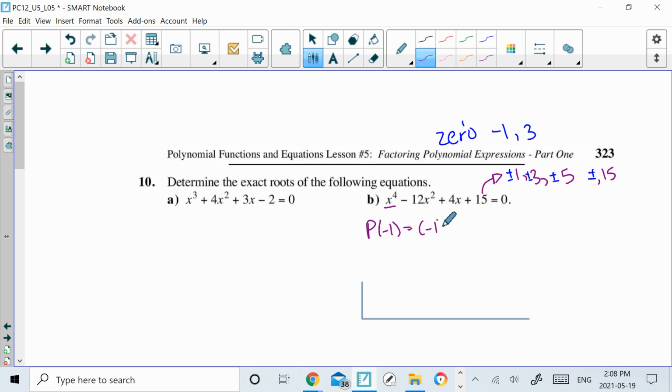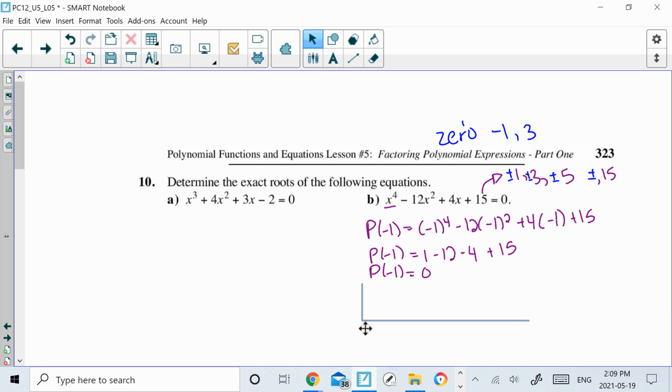Take out that x and put in a -1: 1, minus 12, -1 squared, plus 4, -1, plus 15. That would be 1, this would be -12, minus 4, plus 15. 1 minus 12 minus 4 plus 15 would give you a remainder of 0. So p of -1 is equal to 0.